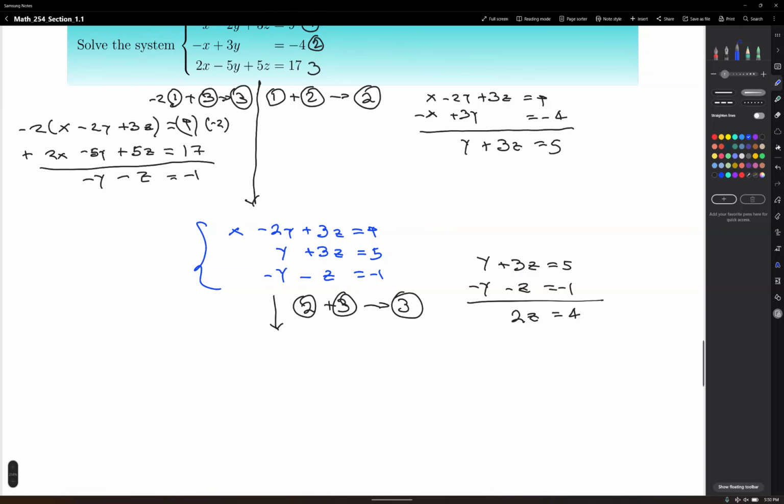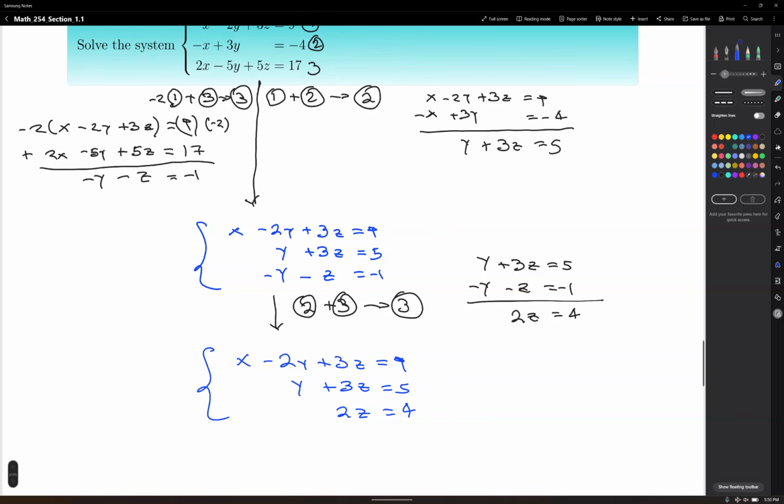That'll be x minus 2y plus 3z equals 9. y plus 3z equals 5. And 2z equals 4. We're essentially done with equation operations.